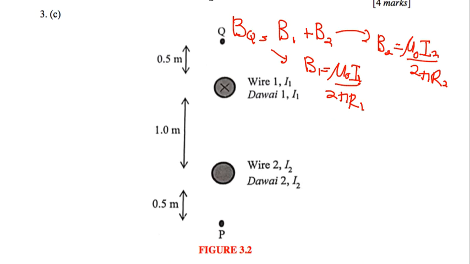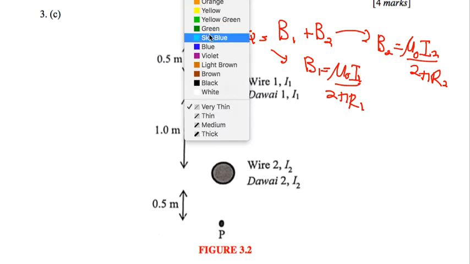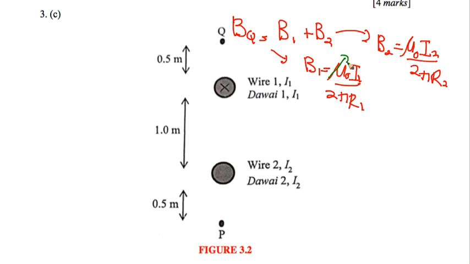Now μ0 is constant, 4π × 10^-7, and I1 is equal to 6 ampere, and R1 is 0.5. For R2 it is 1.5, and I2 is the answer from number 1, which is 2 ampere.